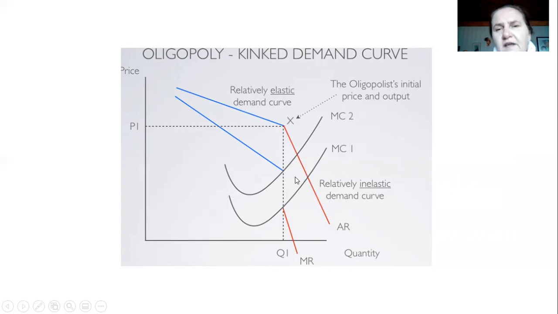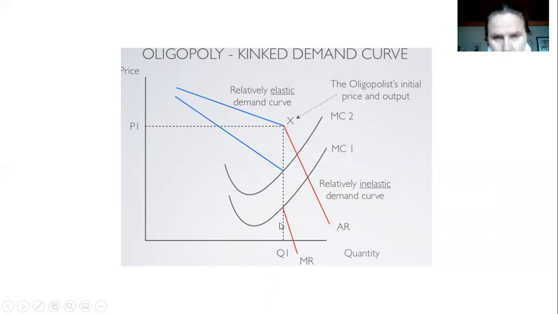However, over here, I've also included the marginal revenue curve. Now, I want you to see where my kink is there. That is the point where the oligopolist is going to have its price and its output. So that's where this specific market will produce.